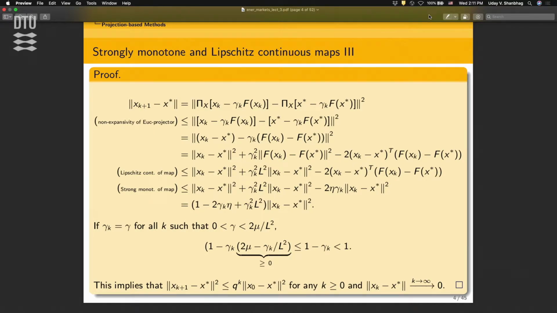So what I'm interested in is showing that xk plus 1 minus x star is bounded by q raised to k times x naught minus x star. There's a typo in the very first line. This should be xk plus 1 minus x star squared. That's obvious.